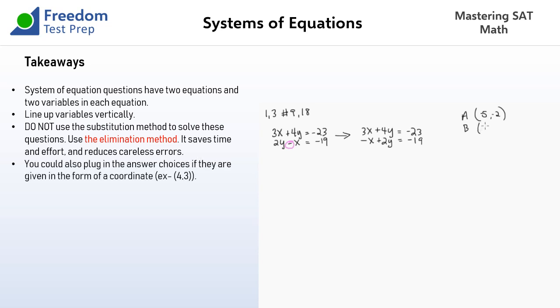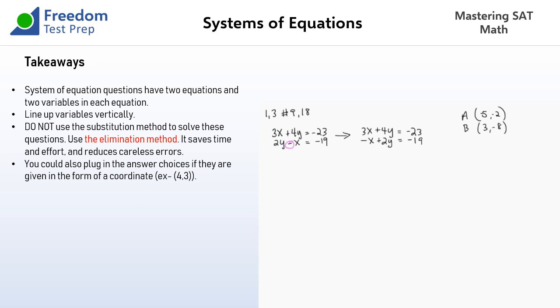You could decide to just go through all of the answers and plug in for x and y and see which one works. It's a valid method. It will work. But I think in this case, it's going to take possibly too much time. And anyway, I want to make sure that you absolutely know the elimination method.